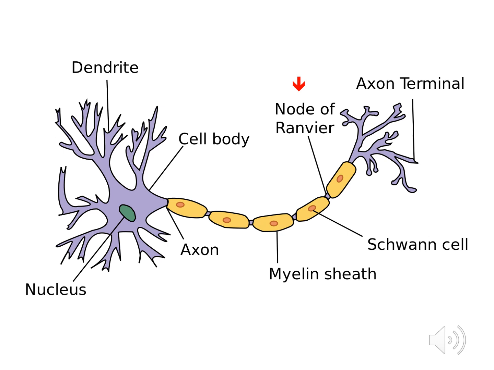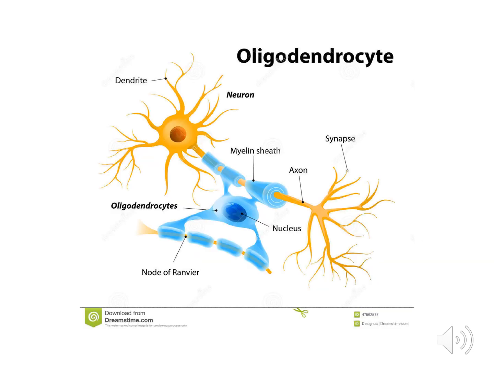We call that saltatory conduction, and that's how we speed up conduction. Now you can see in this picture that a lot of supporting cells can wrap around more than one neuron. And so the cell in this picture, the blue one, is actually providing myelin for at least 2 different neurons.